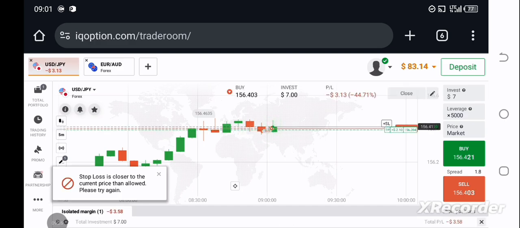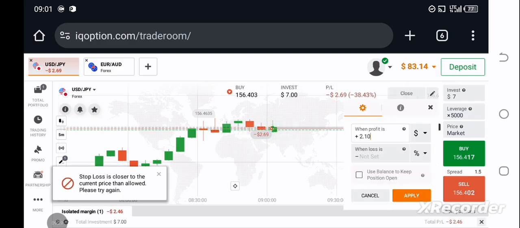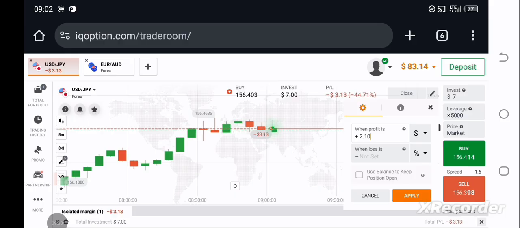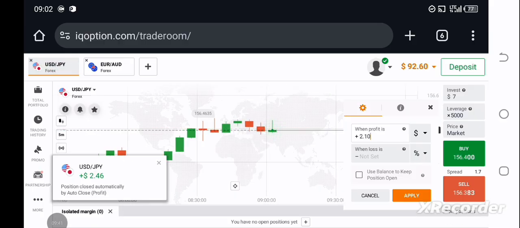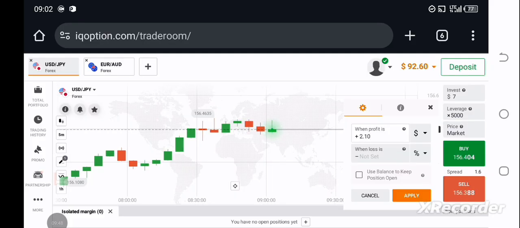I open a position for sale. Now let me edit. Now you can take profit when it is, look at your setup here, 2%. Now you can see, once the profit hits this plus 2%, you are automatically closed because you set it like that.